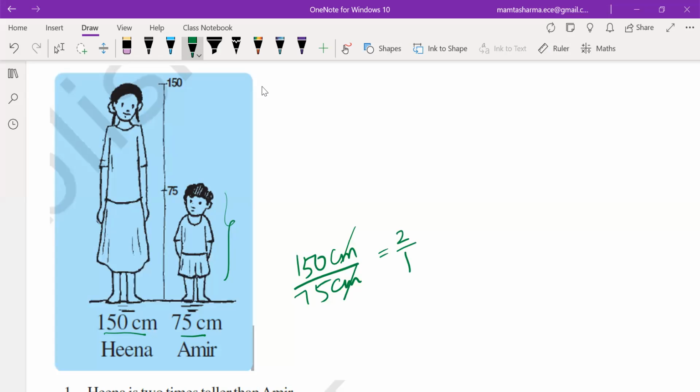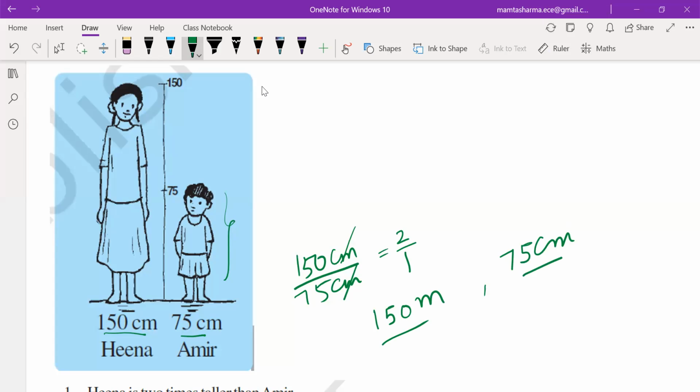If I say the sister's height is 150 meter and the brother's height is 75 centimeter, would the ratio be the same or different? Ma'am, it would be the same.